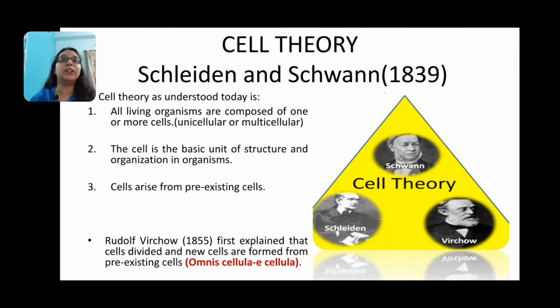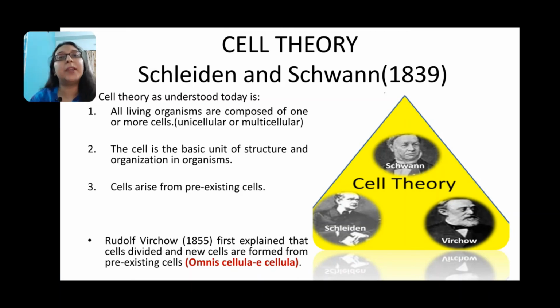Next, moving on to the cell theory. This is a very interesting theory which was first put forward by Theodor Schwann and Matthias Schleiden. These were two scientists, Theodor Schwann and Matthias Schleiden, in 1839. They put forward the cell theory. It consists of three statements. First one is that all living organisms are composed of one or more cells.